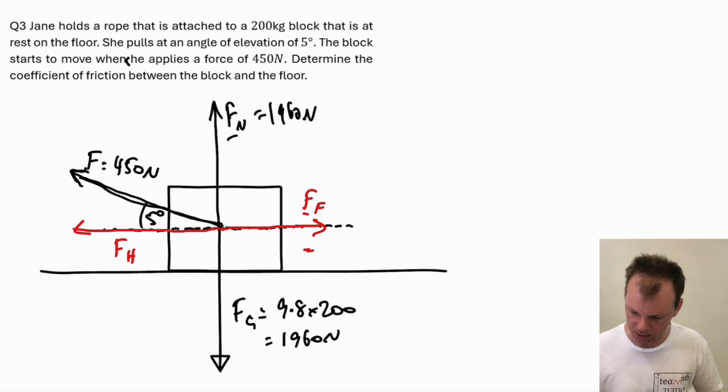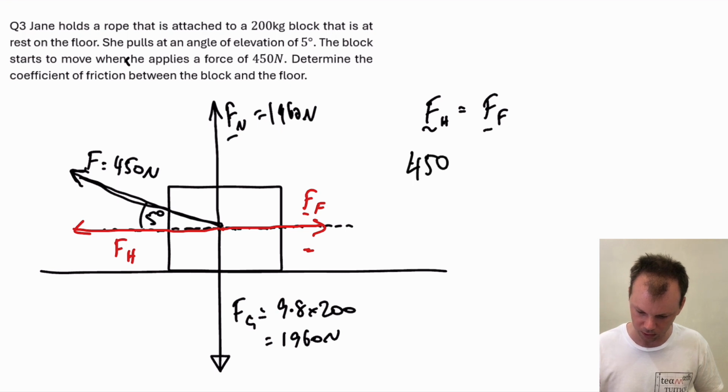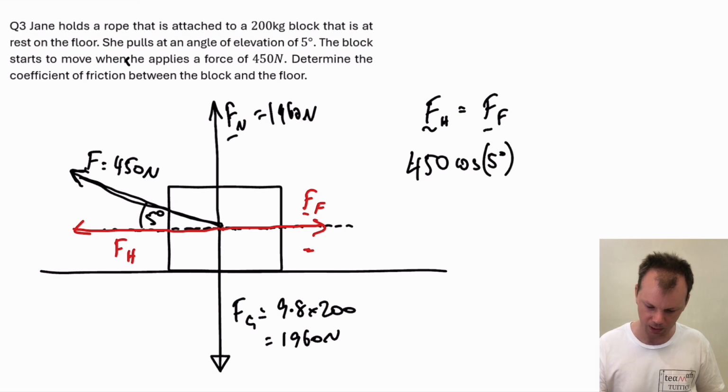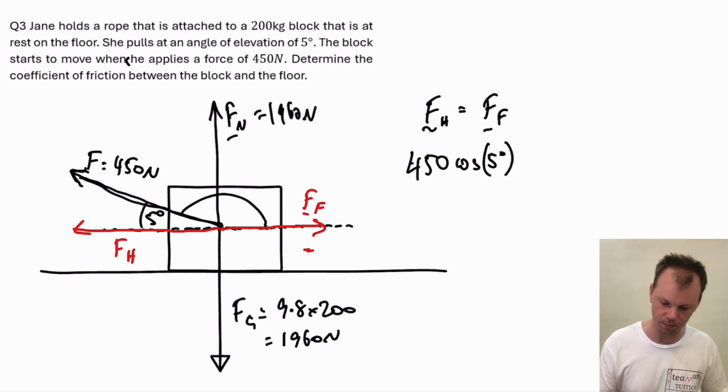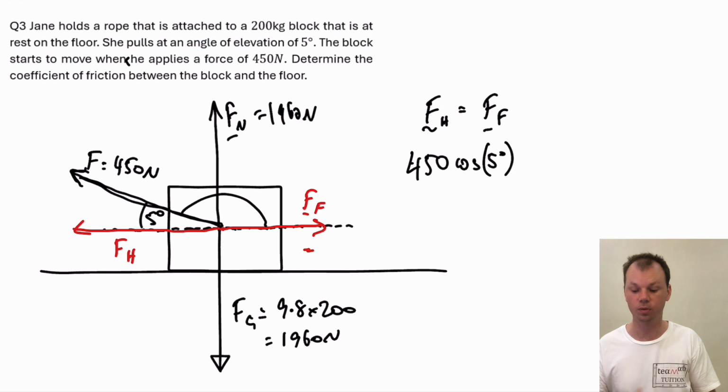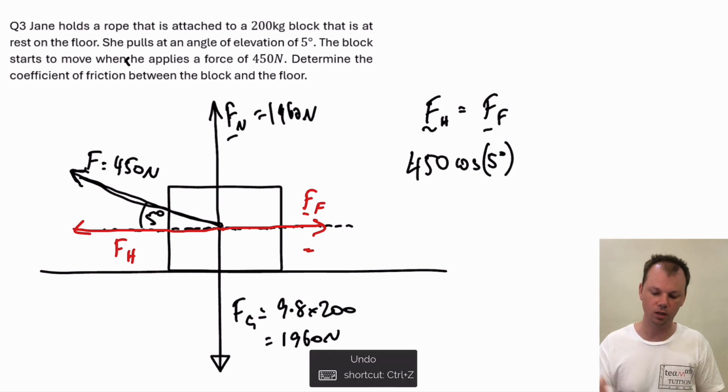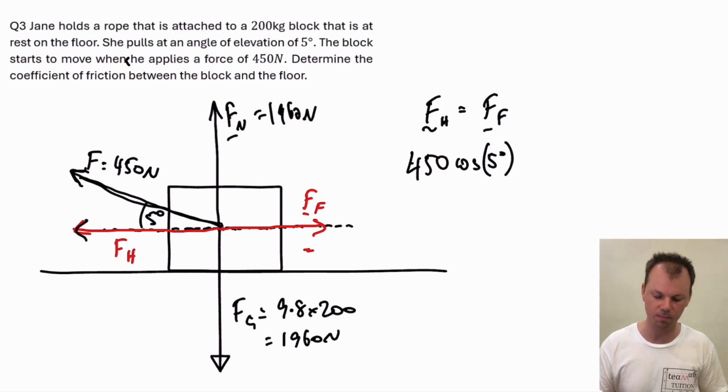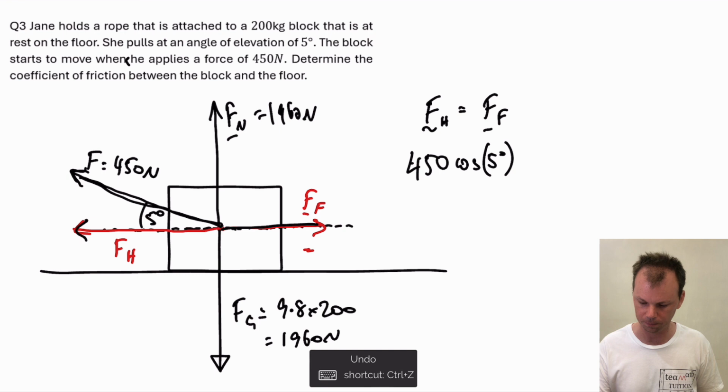So we're going to say that the force in the horizontal direction equals the frictional force. So we've got 450 cos 5 degrees. Now in this case, I don't have to worry about the 175 degrees from the positive x-axis, because I'm only concerned about the magnitude of this force, because it's going to be directly opposing the magnitude of this force here.